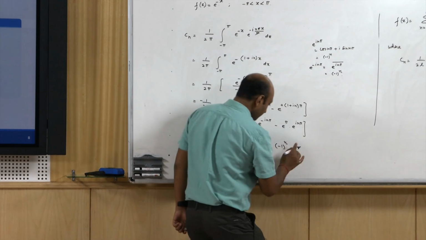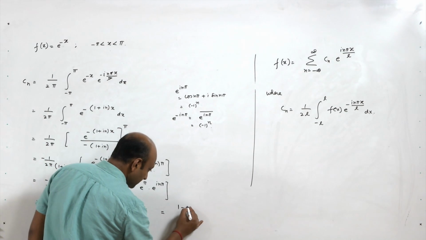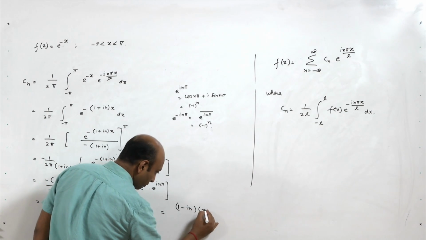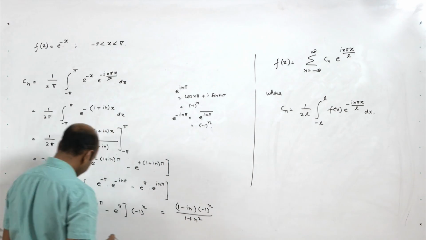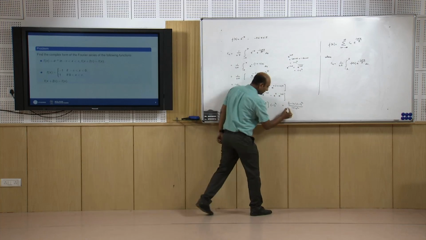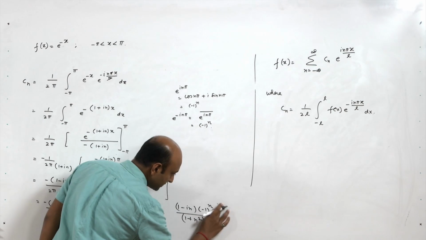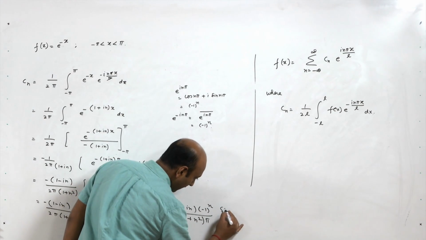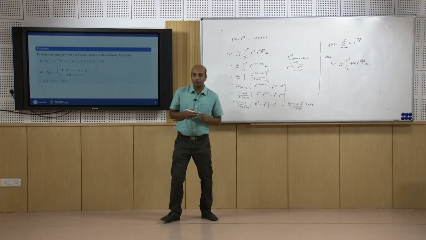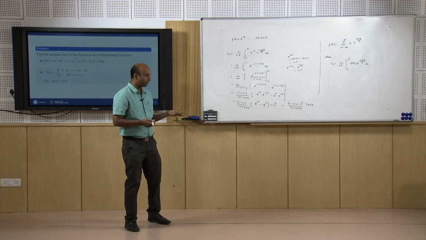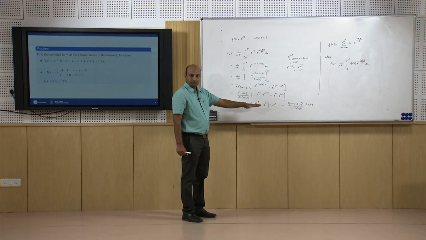So, when you simplify further, it is nothing but (1 minus iota n) into minus 1 raised to the power n upon (1 plus n square), into pi, and this is nothing but sine hyperbolic pi, because sine hyperbolic pi is e raised to the power pi minus e raised to the power minus pi upon 2. So, that will be Cn.